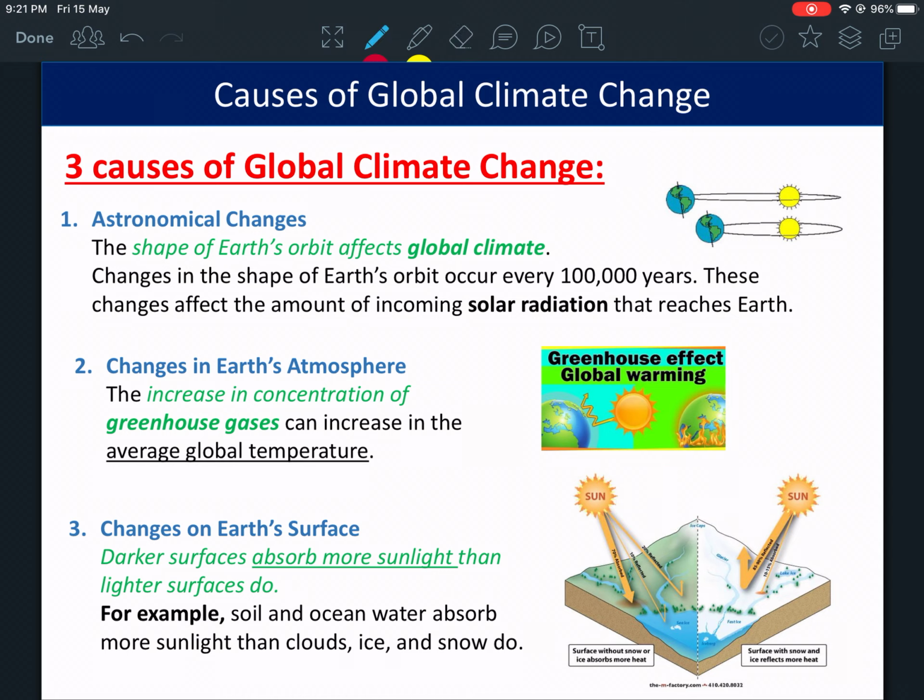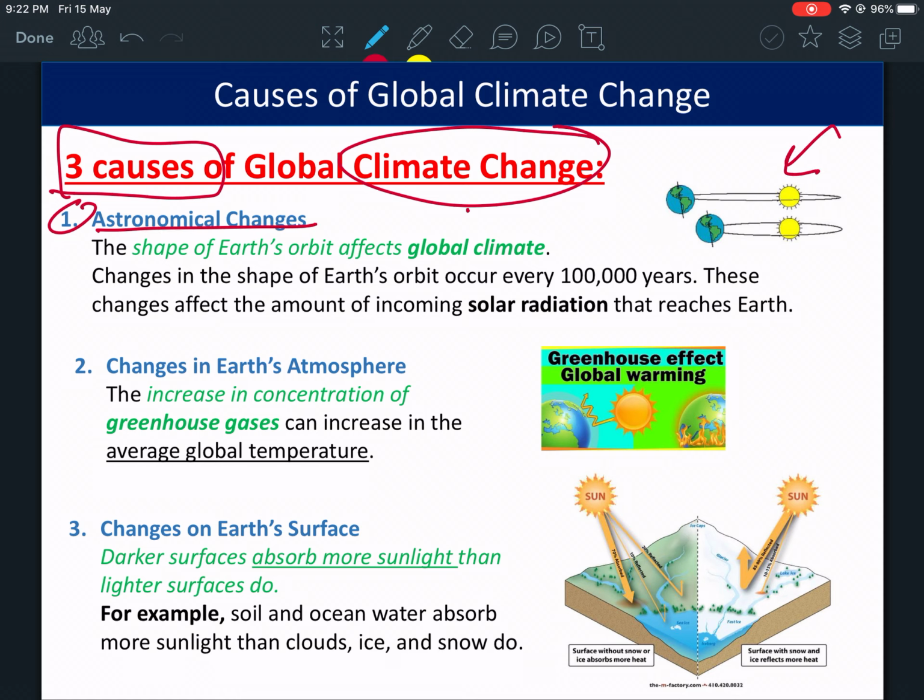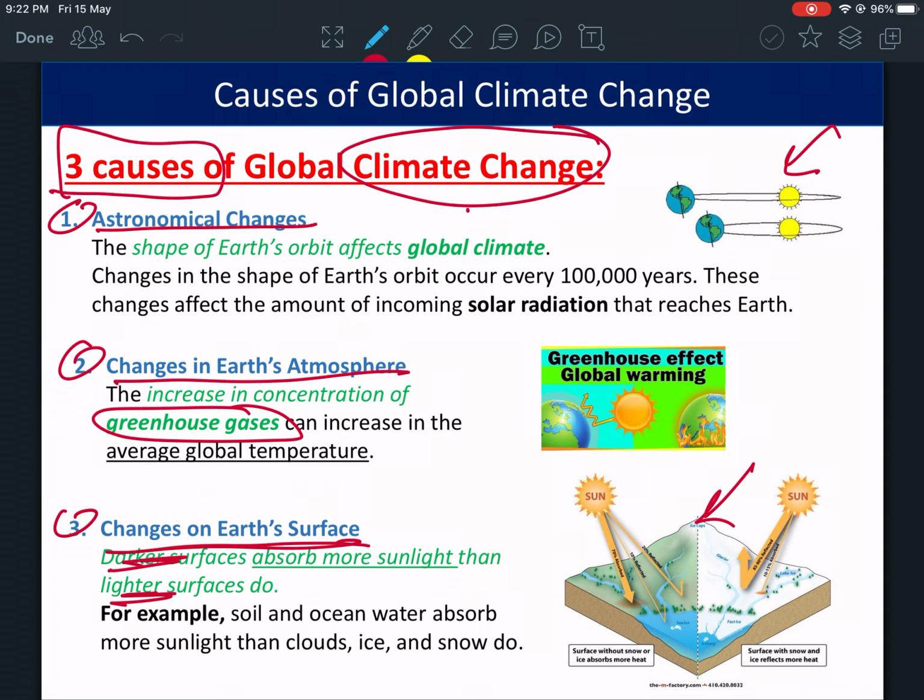But all you have to know in general is that there are three causes of global climate change. First is astronomical changes. Second is changes in the atmosphere because of the greenhouse gases. And third is changes in the Earth's surface, which is darker and lighter surfaces and the absorption of sunlight.